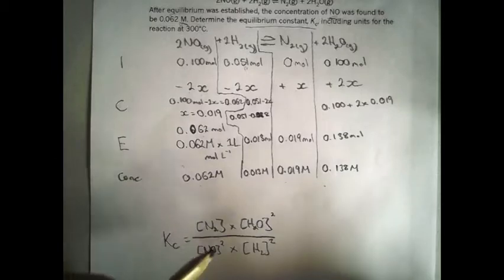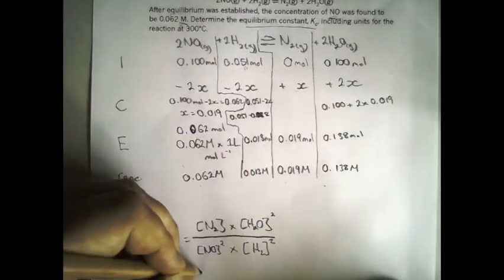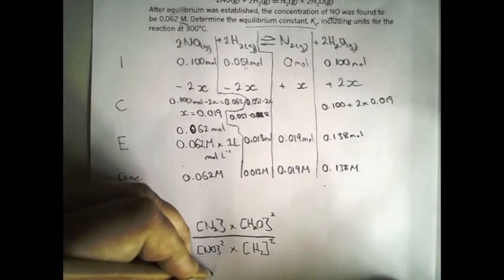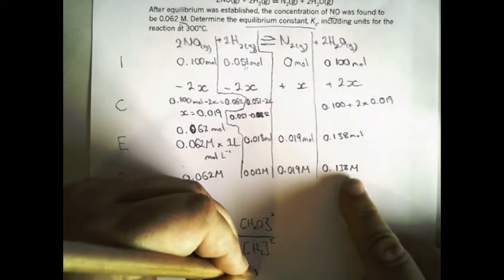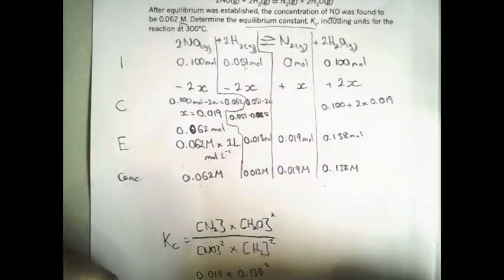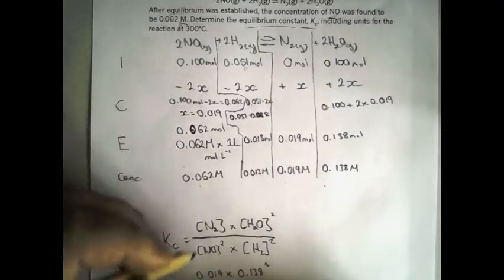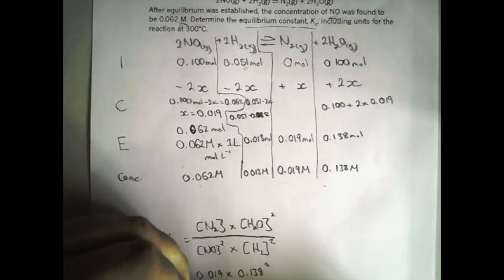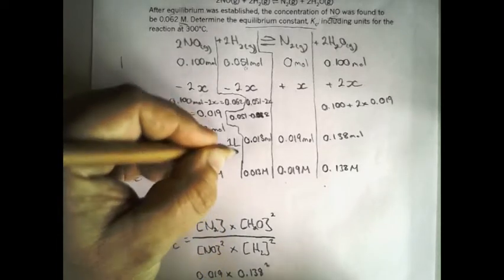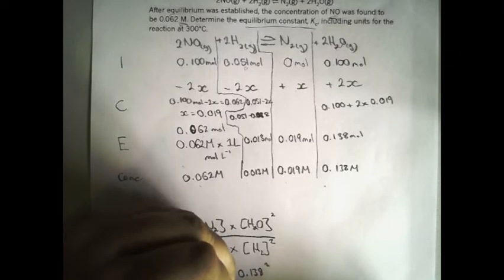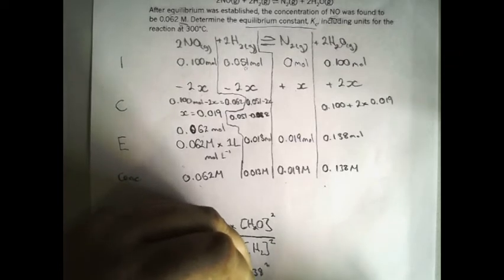So let's plug those numbers in. So 0.019 times 0.138 squared. All right. Nitrous oxide is 0.062 squared times 0.013 squared.